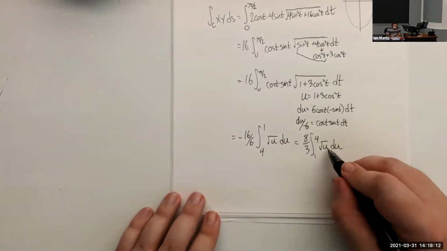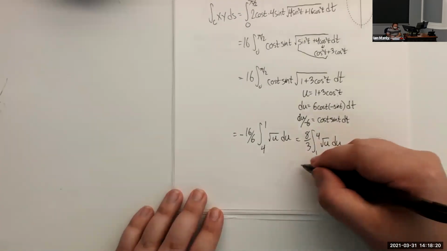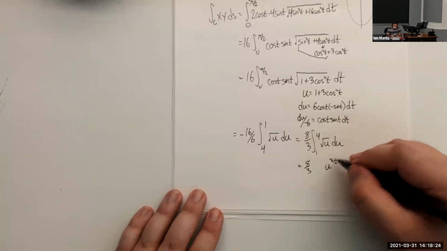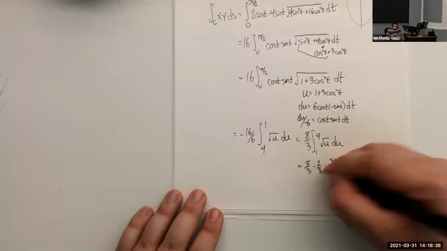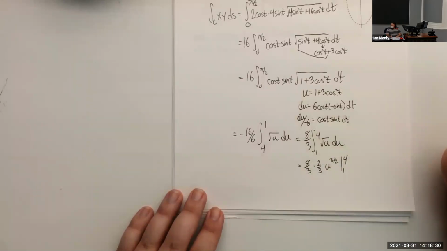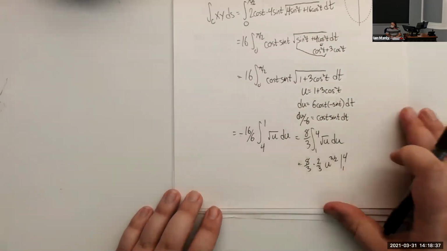All right, and then we could just go ahead and use the power rule on the square root of u. So this is u to the 1/2. We raise that, it becomes u to the 3/2. And then we divide by 3/2 or multiply by 2/3. And this goes from 1 to 4 right here. What happened to the negative? We used the negative to flip the integral into the proper order right there.